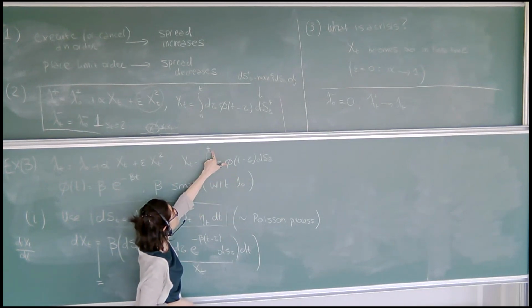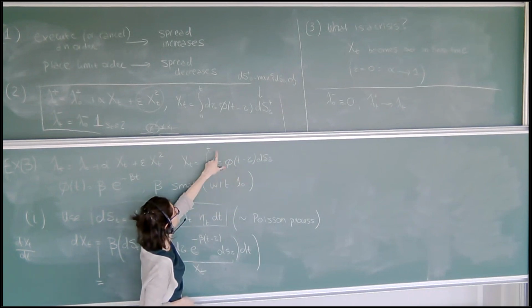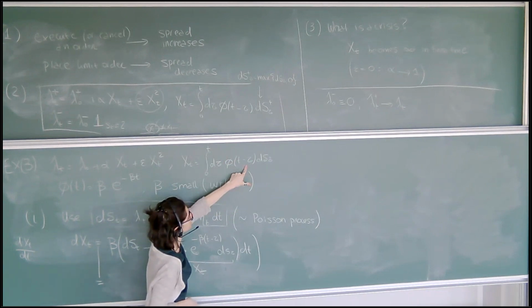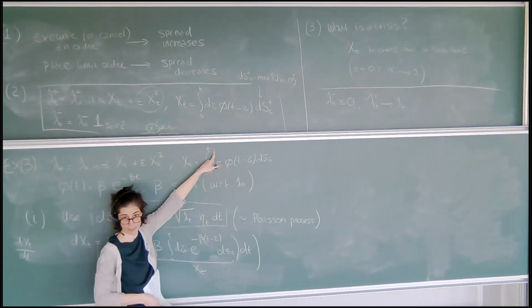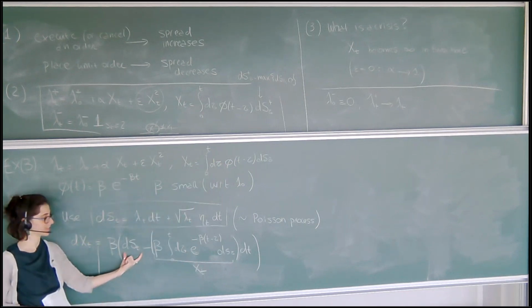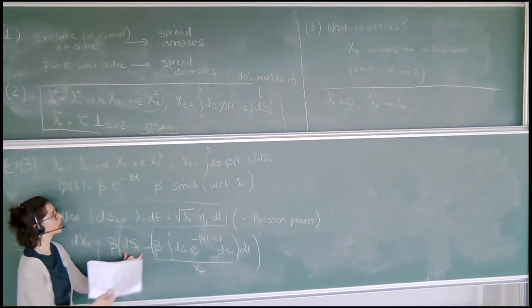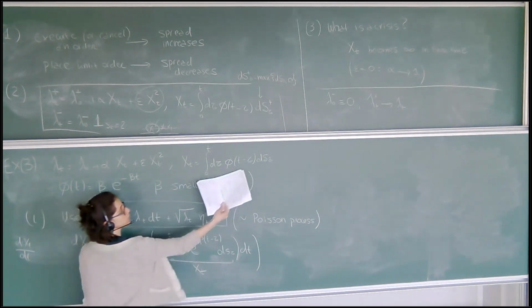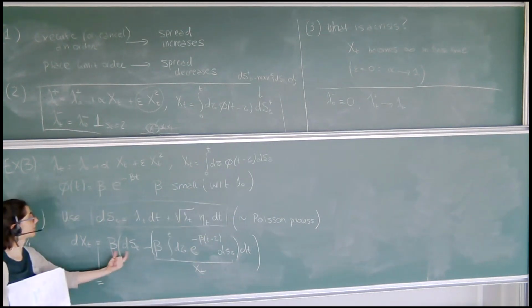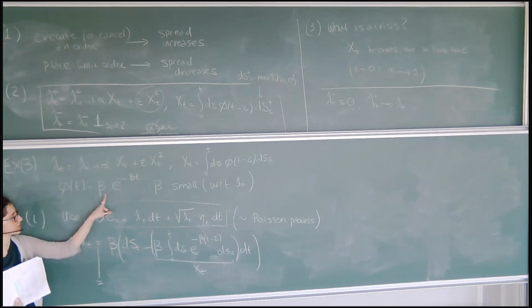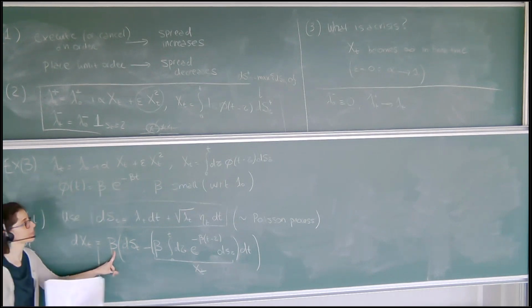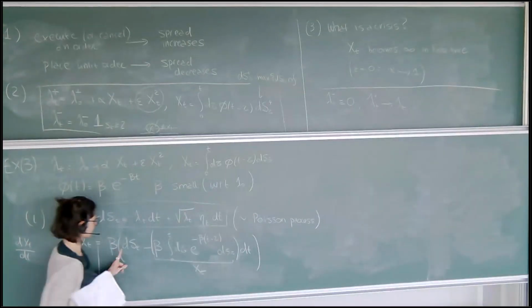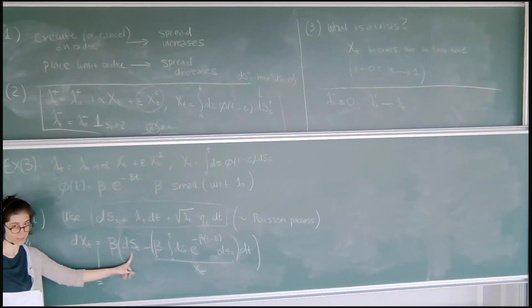The first contribution comes from evaluating the integrand, the quantity inside the integral, at the time t. And this is this quantity in here, right? Because if you evaluate the kernel at the time tau equal to t, then this is like evaluating phi at 0. So you get a factor of beta. And then this ds of tau becomes ds of t.